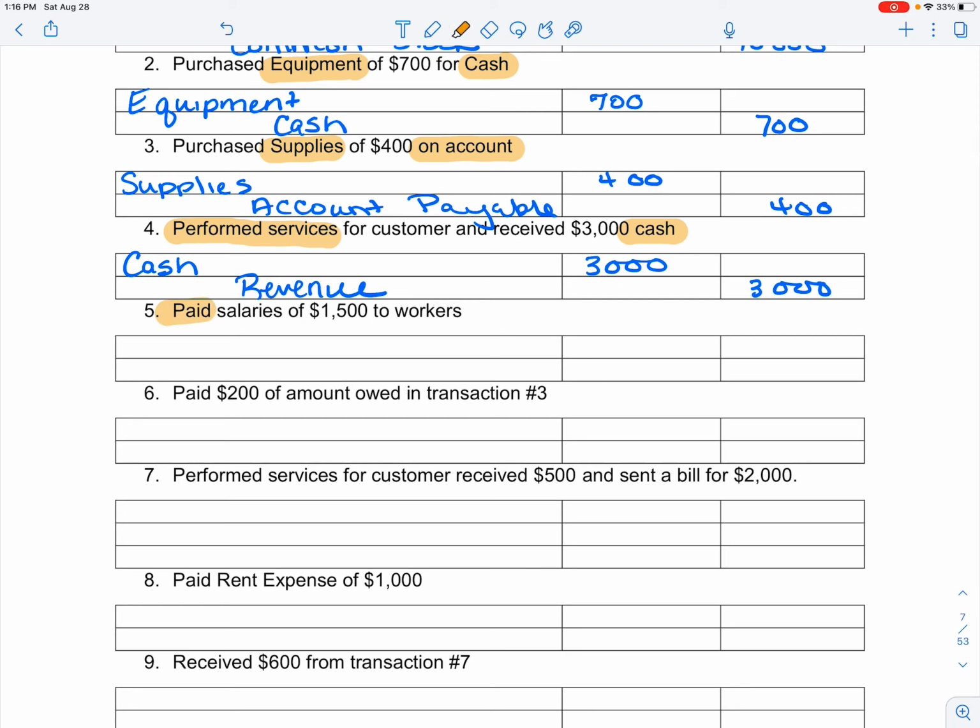Whenever you see the word paid, usually you pay cash, right? We paid salaries. So those are the two words we're looking at. The first one is going to be an expense, usually called salary and wage expense.